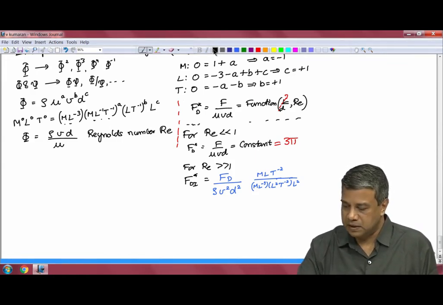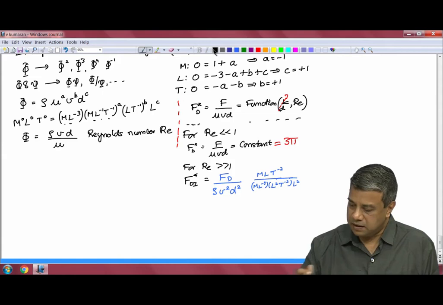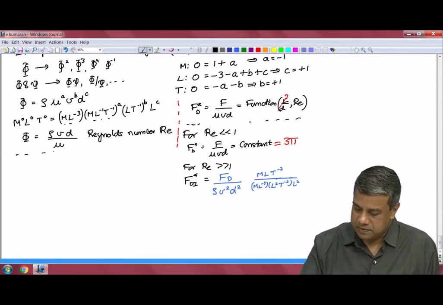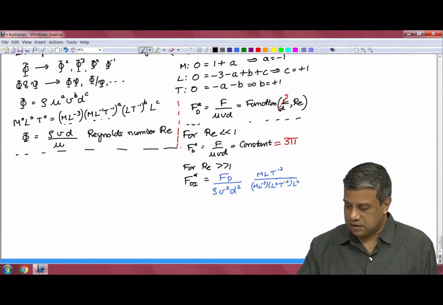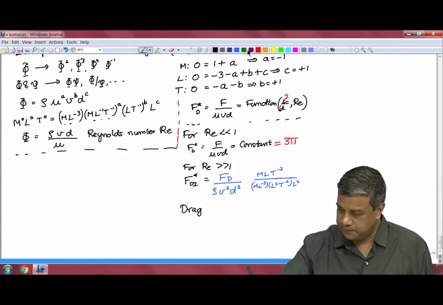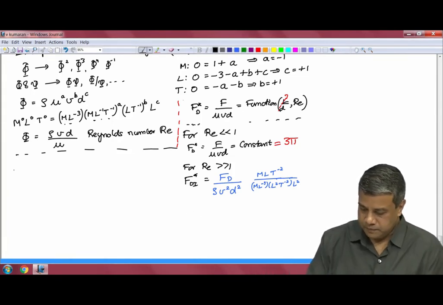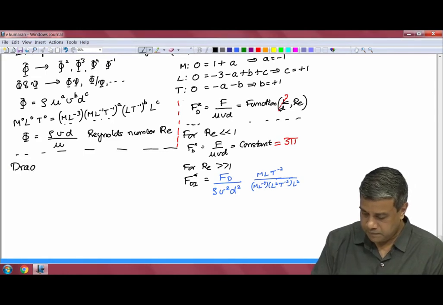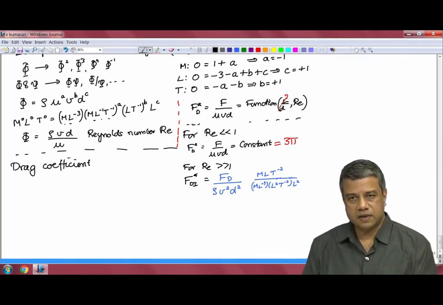What is usually defined for these problems as the non-dimensional pressure is what is called a drag coefficient. So, let me define the drag coefficient for an object moving relative to a fluid.